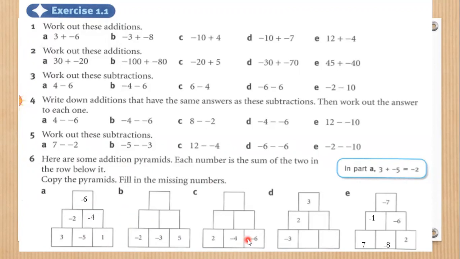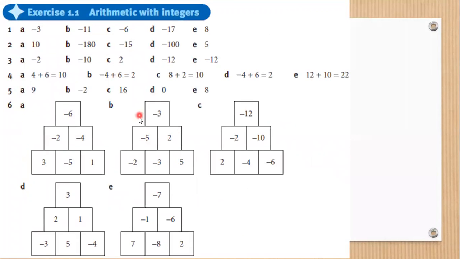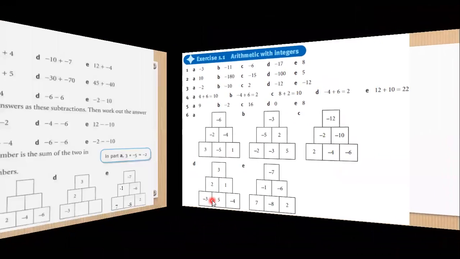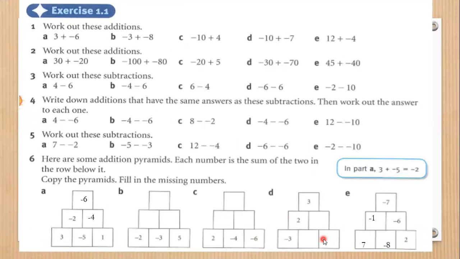Okay, the last part, let me show you the answers. Here are the answers. You can easily write the answers here. In this case, let's suppose you are confused about how to solve this. Here we have 3, here we have 2. Which number do we write here? So here is 2, here is plus 3. How do we make plus 3? We write 1 here. I write 1 plus 1, so we get the answer 3.